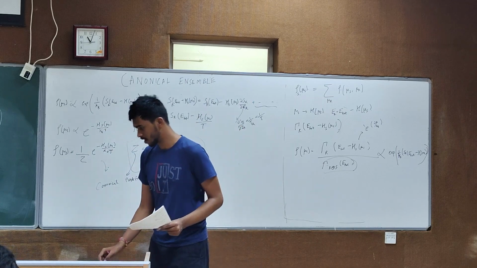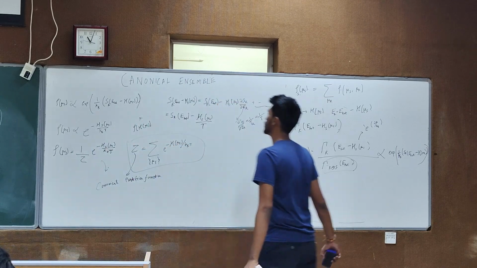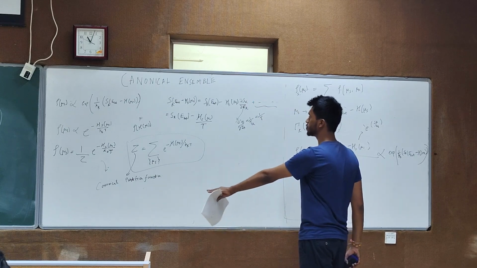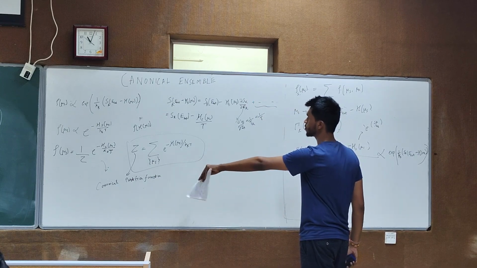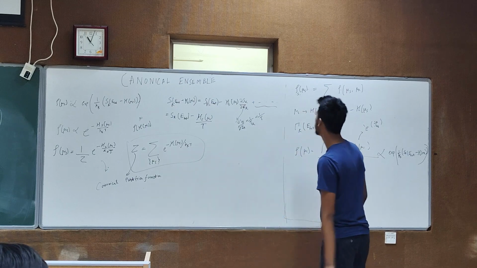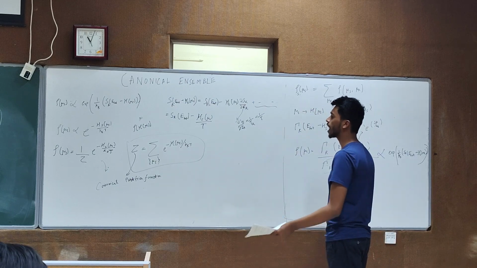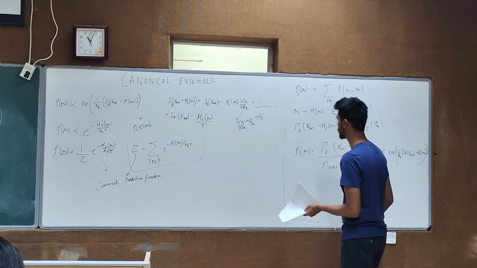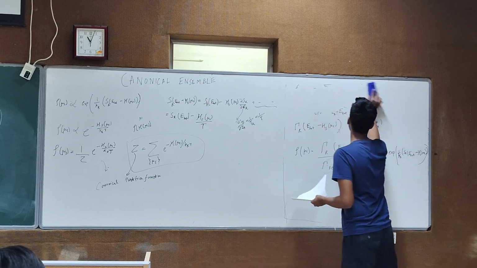So now you have the probability density of different microstates. Now you want to calculate various thermodynamic quantities. So for that, what do you do?